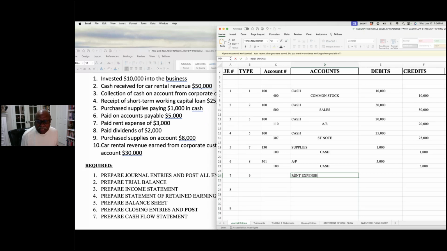We're going to credit cash. What's the account for rent expense? 651. And of course, cash is what? 100. The amount of the rent was 3,000.